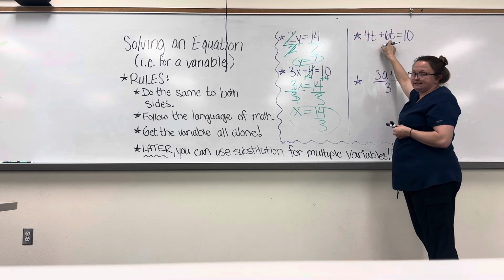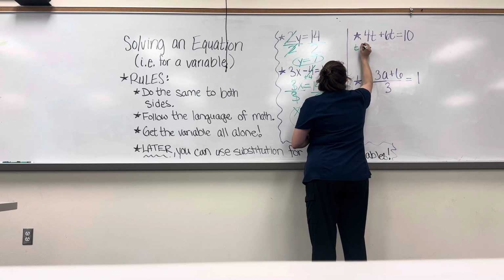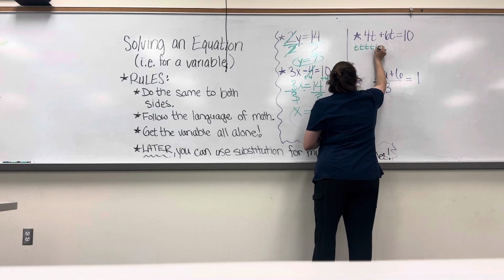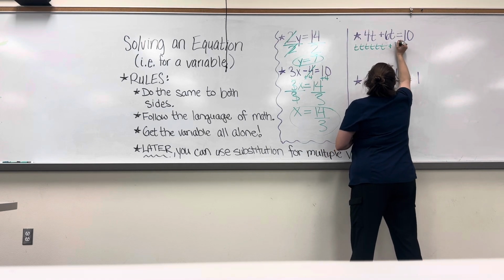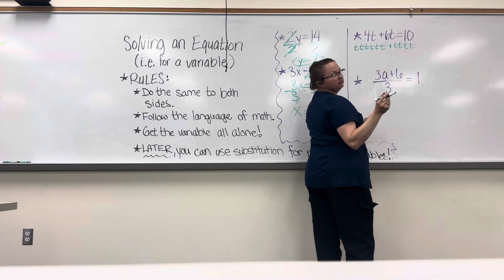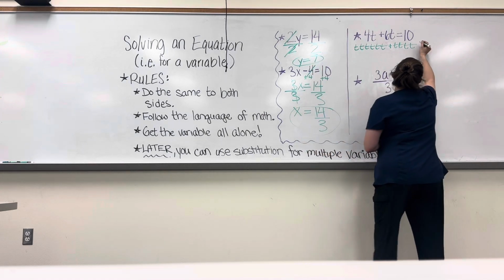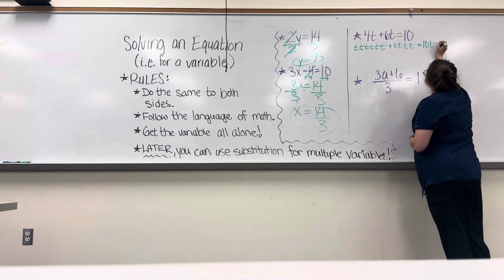So 6 t's, 1t, 2t, 3t, 4t, 5t, 6t, plus 1t, 2t, 3t, 4t, lots of t's. We're going to equal 10 t's.